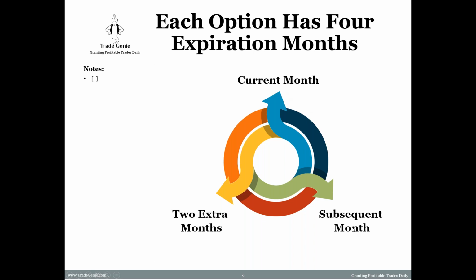April is the current month, then the subsequent month is May. And on top of that, they add 2 extra months. So for monthly options you would see at least 4 months listed: current month, subsequent month, and 2 extra months.